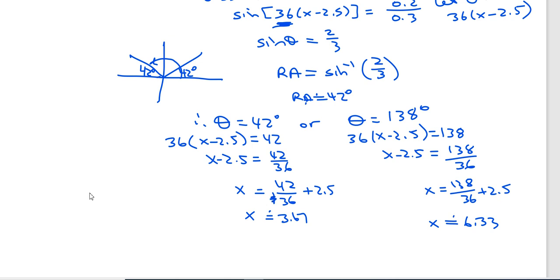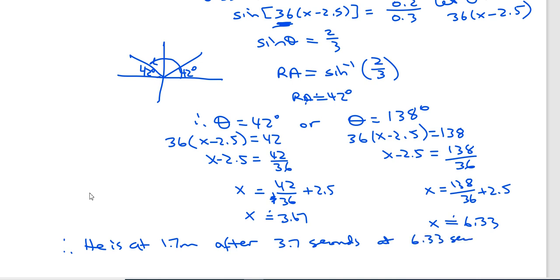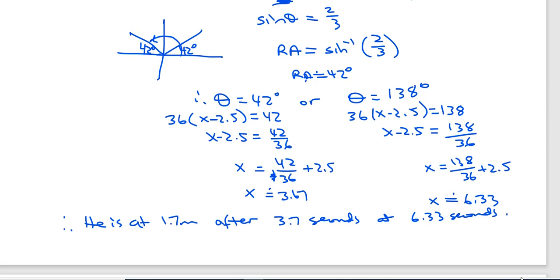I can say, therefore, he is at 1.7 meters after, and then whatever kind of rounding you want, 3.7 seconds and 6.33 seconds. The question might say something like, when is he at least 1.7 meters?